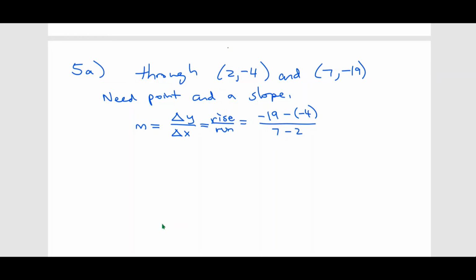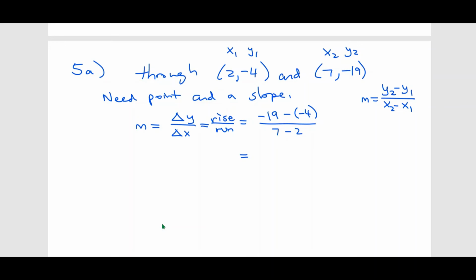And a long time ago, we learned a formula with x1, y1, x2, y2. If we call those coordinates like that, then the slope is the second y minus the first y over the second x minus the first x. It doesn't matter to me if you use this formula or not, as long as you know that we're subtracting to find the difference.